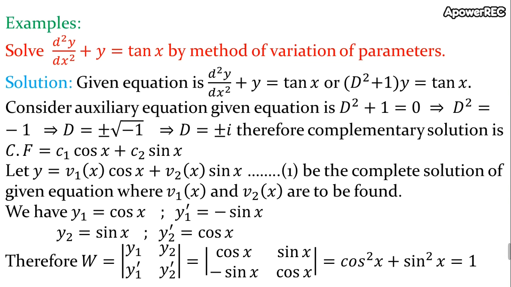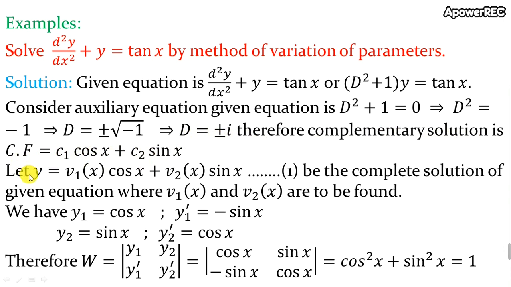Taking plus 1 to the right hand side, D square equals minus 1, which implies that D is equal to plus or minus the square root of minus 1, which is nothing but D equals plus or minus i. Therefore, the complementary solution is CF equals C1 into cos x plus C2 into sin x.